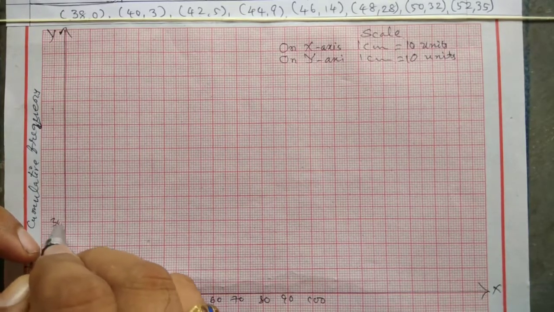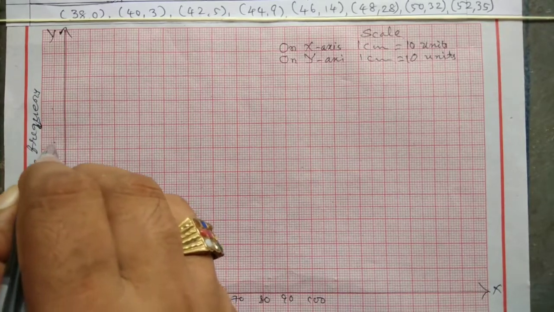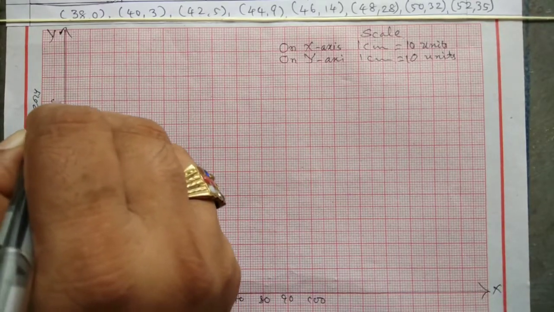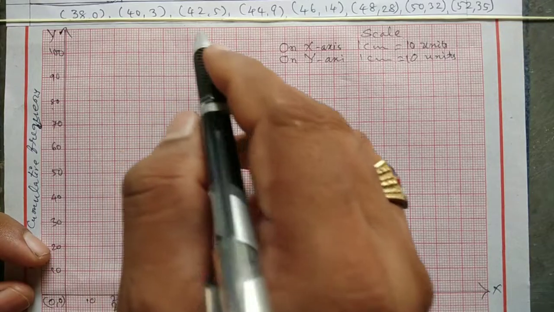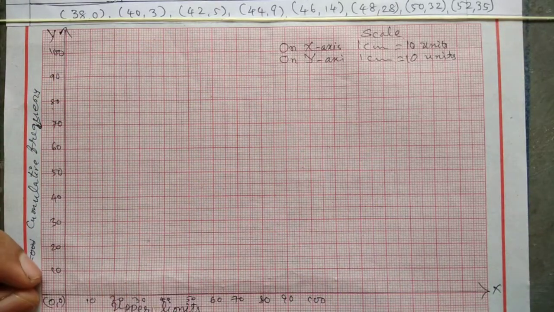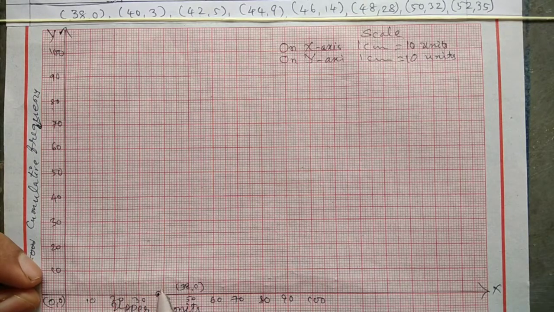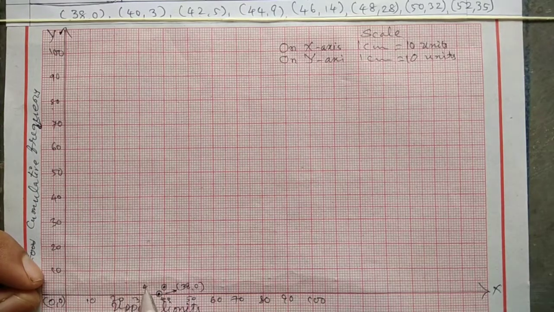Now we plot these points in this graph: 38, 0; and 40, 3.